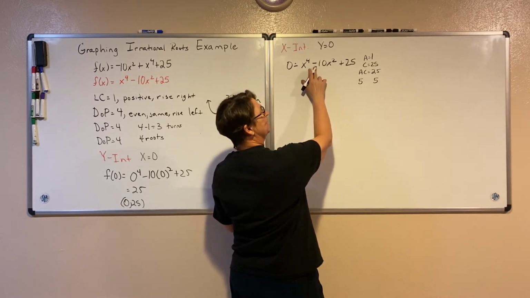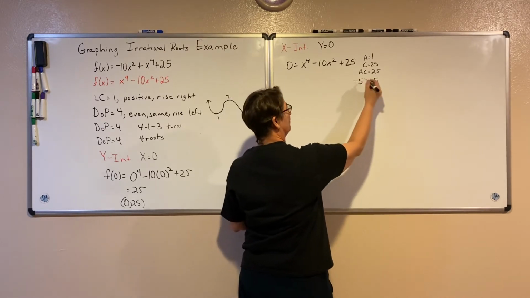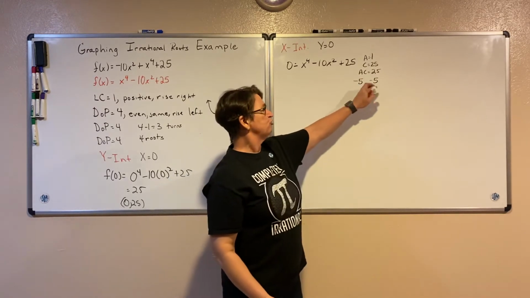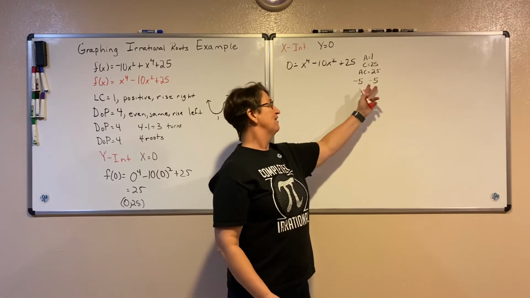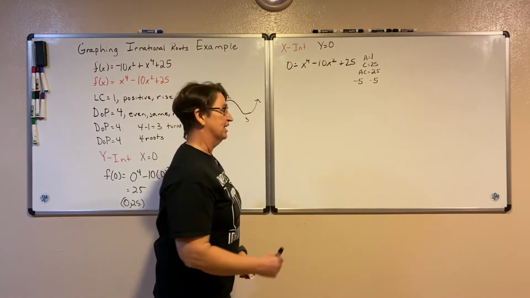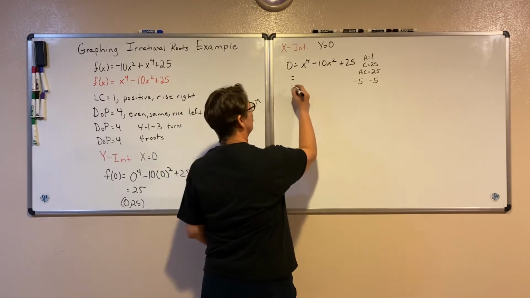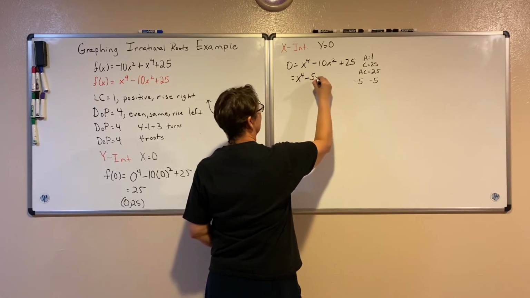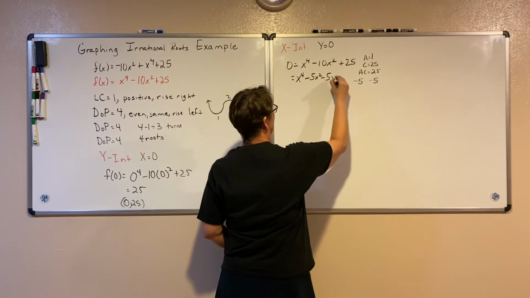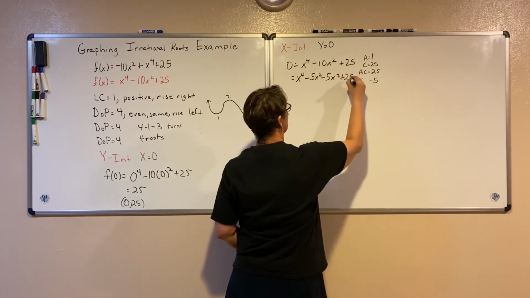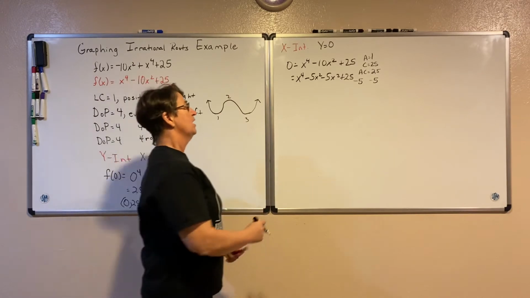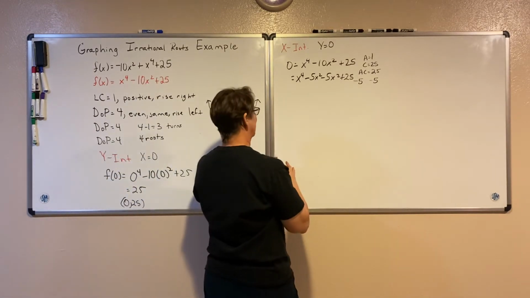I need it to be a negative 10, so if I do a negative 5 and a negative 5, that still multiplies to be a positive 25, but it adds to be that negative 10. So then I can rewrite my terms as x to the fourth minus 5x squared minus 5x squared plus 25, using those 2 factors that I've just found. I now have 4 terms, so I can group them.